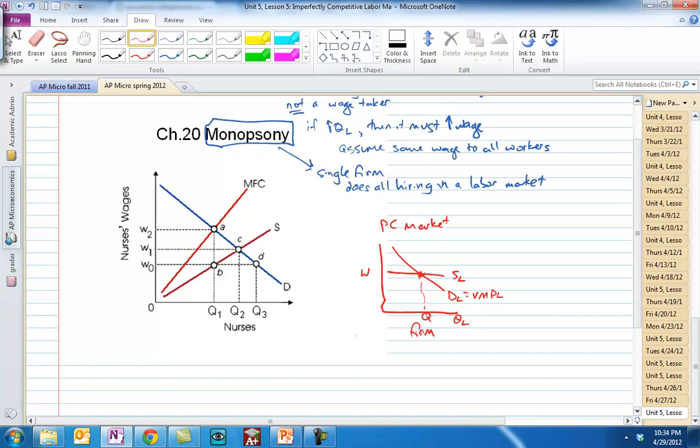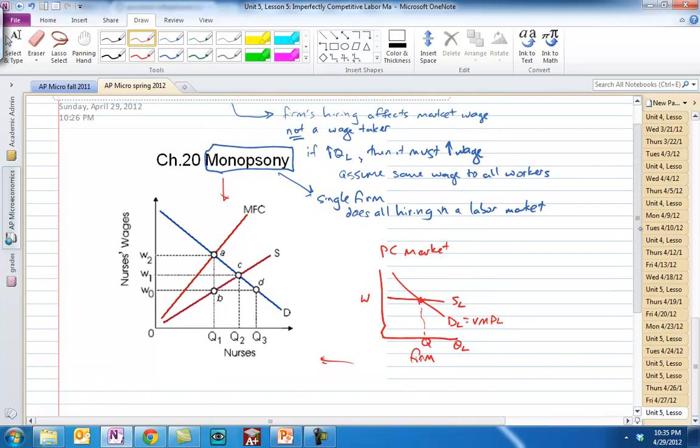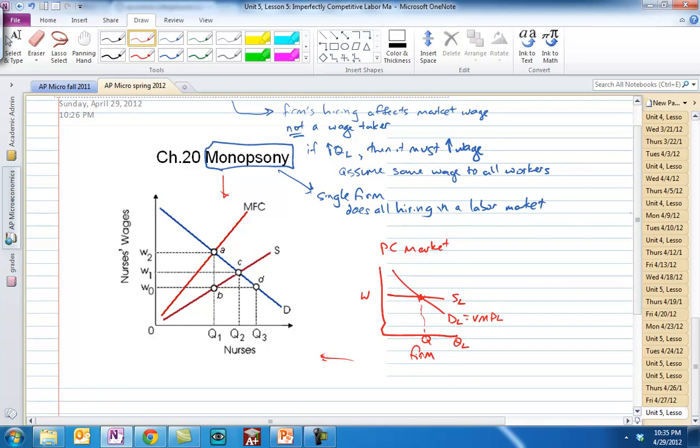So now let's move over to the left, here's a monopsony example. And really this can apply to any imperfectly competitive labor market. This graph doesn't actually have to be a monopsony, though whenever I've seen it in textbooks or on the AP test, it's usually stated that it's a monopsony firm. So what we have here is a somewhat confusing looking graph.